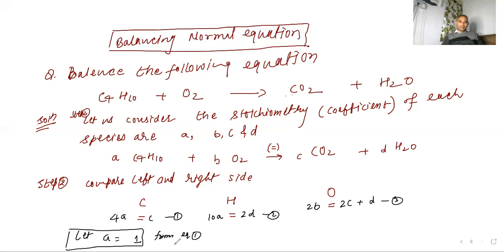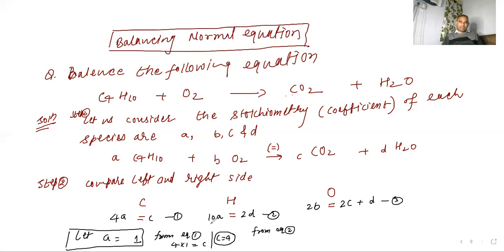So 4 into 1 is equal to C. So you are getting C is equal to 4, yes or no? Okay. Now from equation 2, you got the A value, 1.